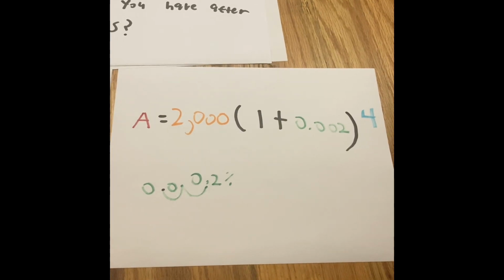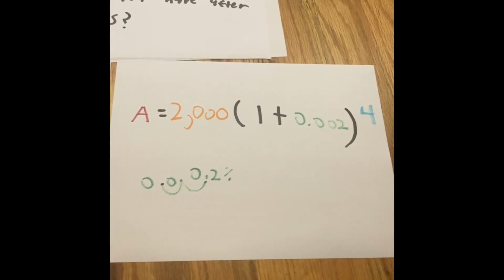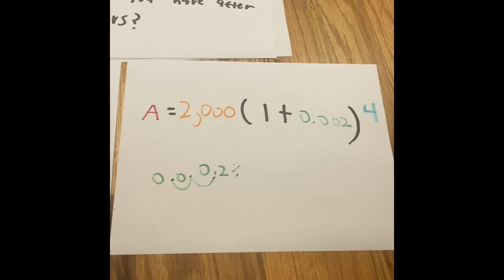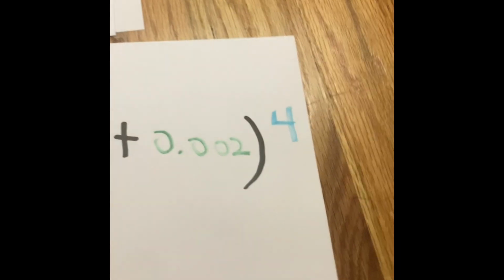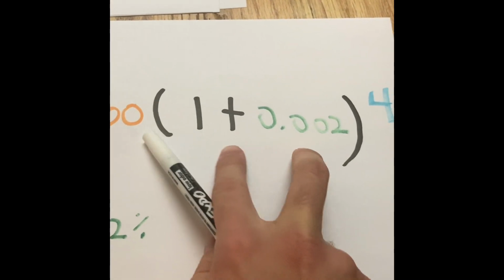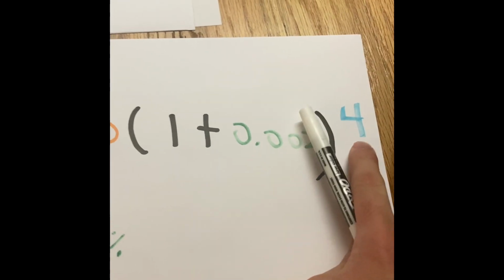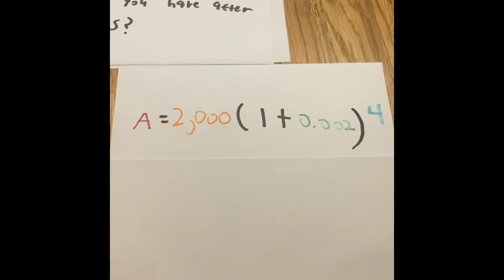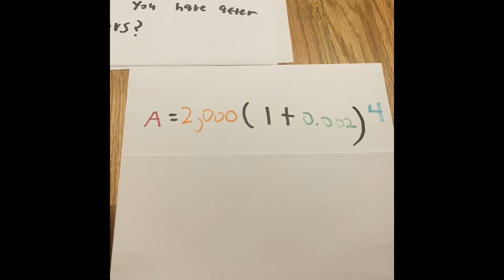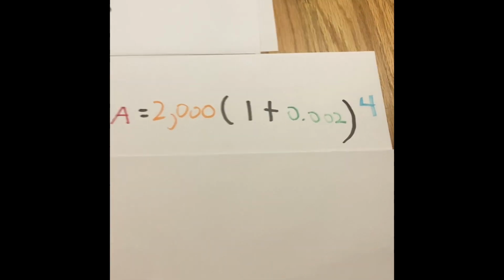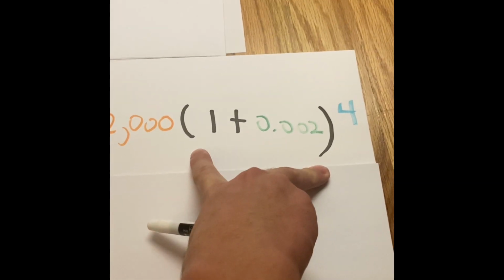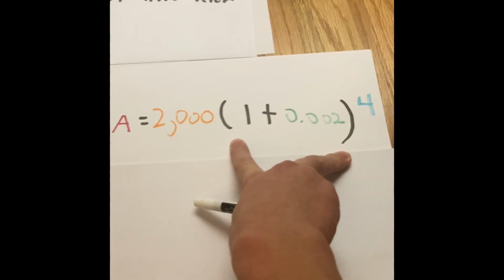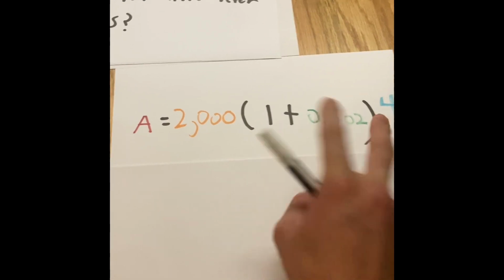When you do the math, you're allowed to use a calculator because you'll have to find this plus this, and we have to multiply that by itself 4 times. The first step is the stuff in the parentheses. Remember, use the order of operations.